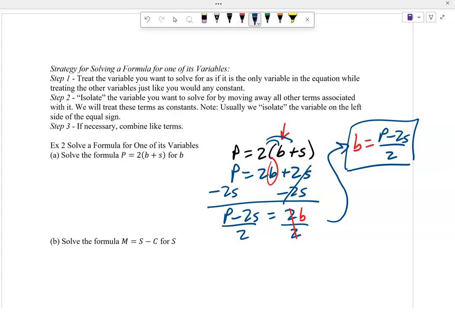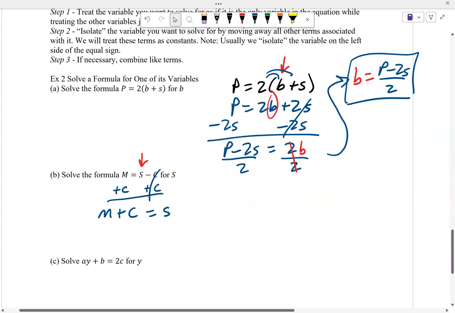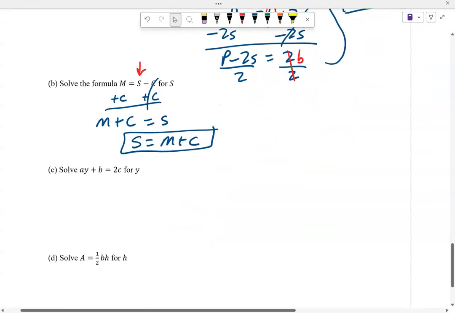Let's solve this formula for s. All we've got to do is get rid of the minus c. So let's add c to both sides. It's m plus c equals s. S equals m plus c. Solve this one for y.